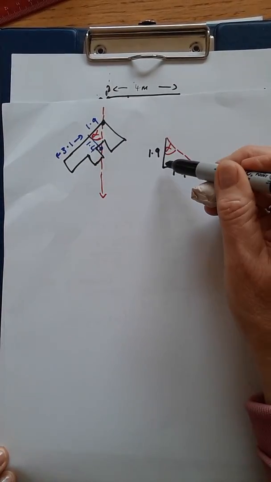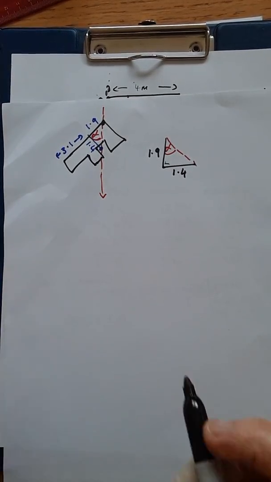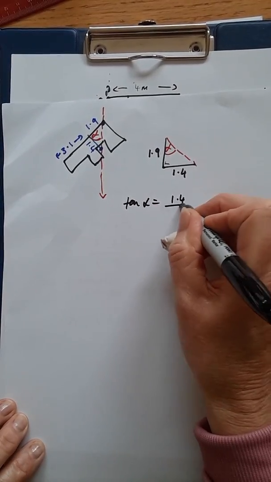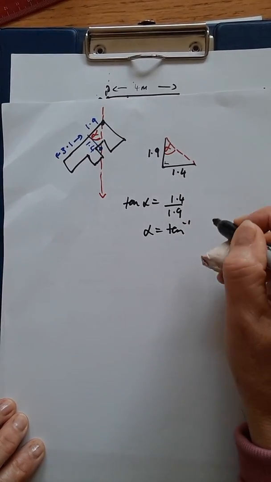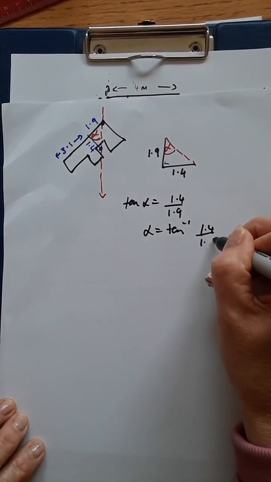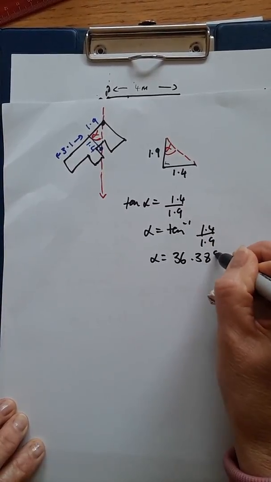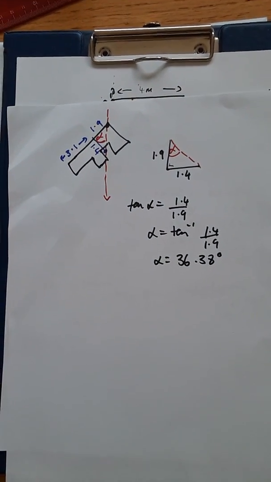Of course it's a right angle triangle. So I can find alpha very easily by saying that the tan of alpha is equal to the opposite over the adjacent. And when I get arc tan of that, the second function tan of that gives me an alpha of 36.38 degrees. Okay.